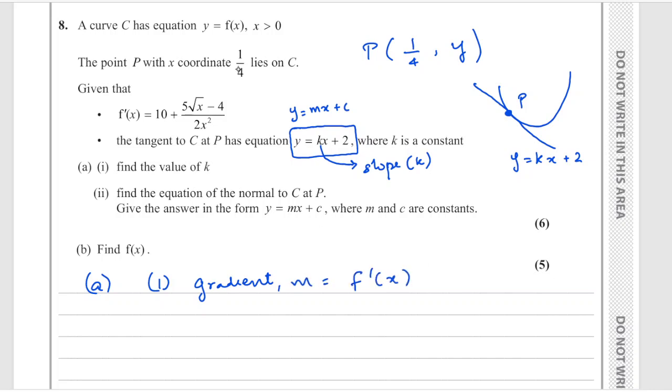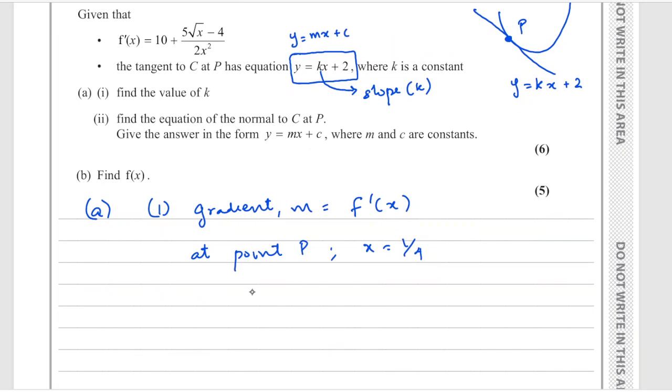Okay. And now they're asking you to find the gradient at the point P, right? At the point P, we have the x value is equal to 1 by 4, and to find the gradient at the point P, we just need to find out f dash of 1 by 4. I hope you understood it, because gradient gives you the slope directly, and we want the slope at the point where x is equal to 1 by 4.